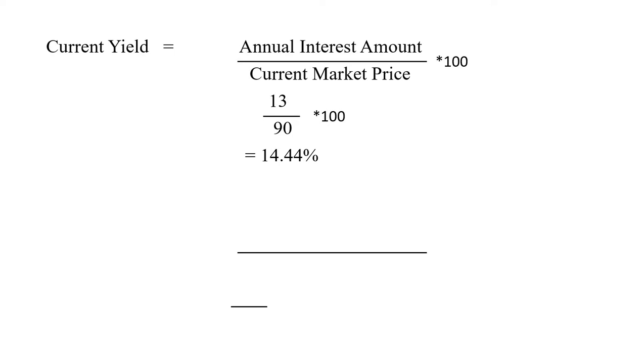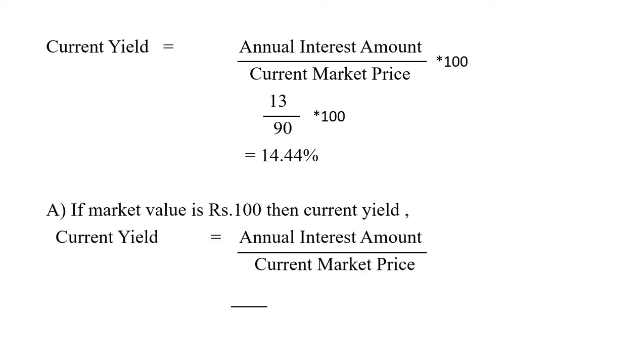Next, the second case: if the market value is 100, then what is the current yield? As usual, same formula. Current yield is equal to annual interest amount divided by market price into 100. The annual interest amount we already calculated as 13, and that remains the same because face value is 100 and the coupon rate is also 13%.